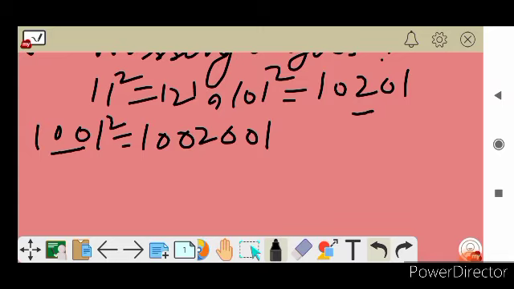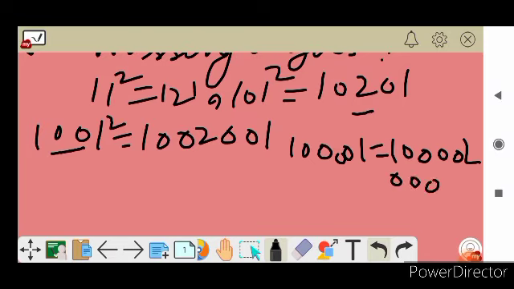And next is 1 0 0 0 1. There are 4 zeros between 1 and 1, so we will write 1 and 4 zeros, then 2, and after that 4 zeros and 1 at the end.